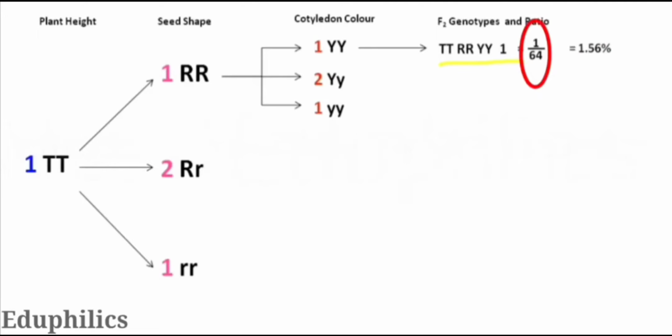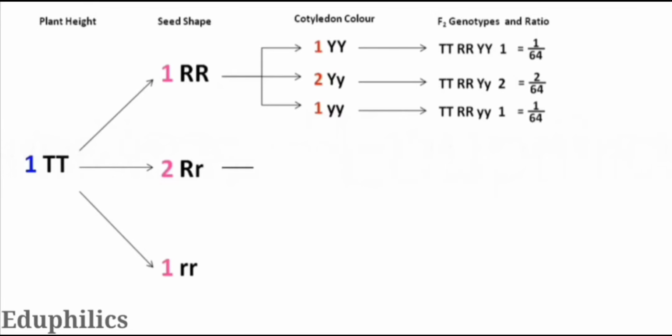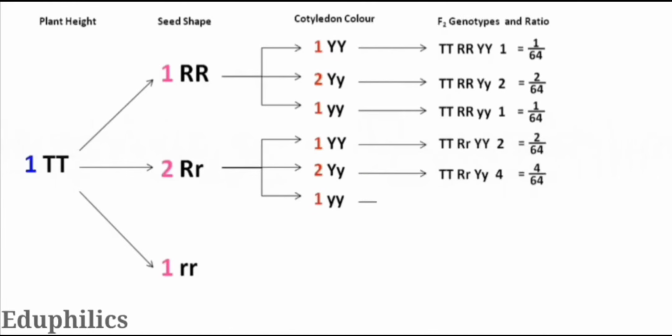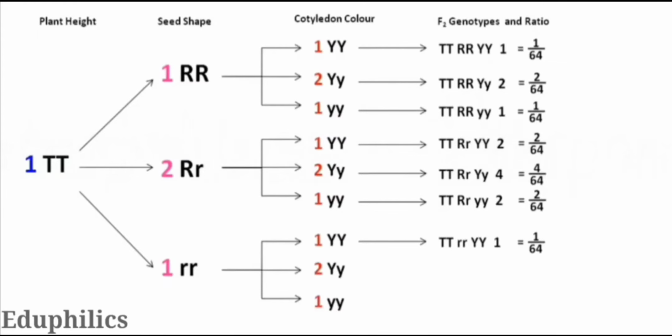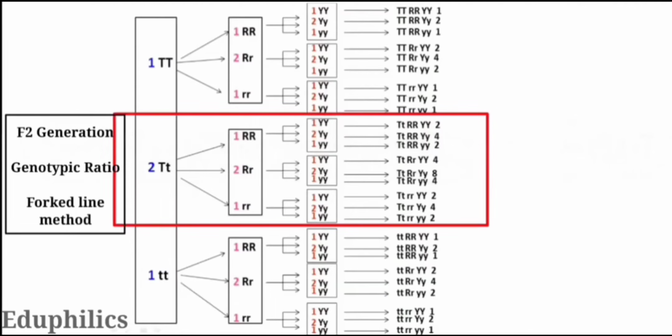64 is the total number of possible types of combinations. Likewise, homozygous tall, round, heterozygous yellow is 2 by 64. Now let's see this part of the cross where the combinations are with heterozygous tall.